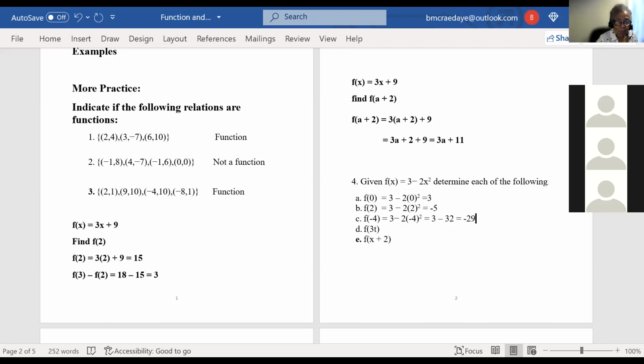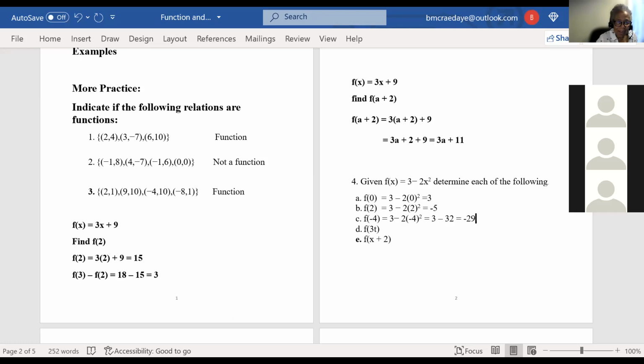Okay, what do I do if, let's say, we change the exponent to 3, to cube, and in front here, instead of 2, it was a +2? That's how I do it.